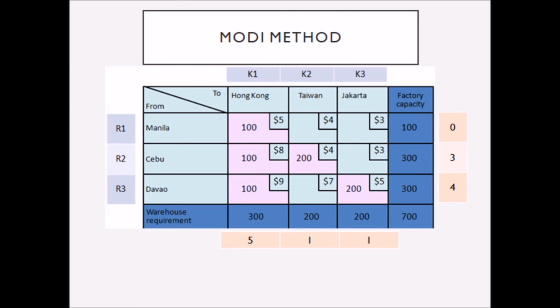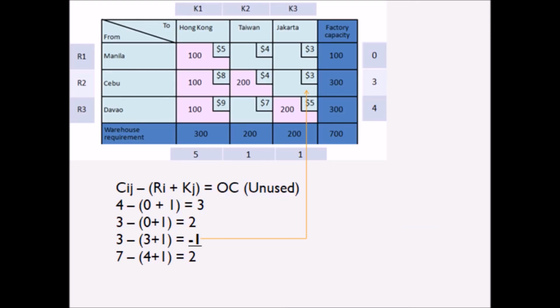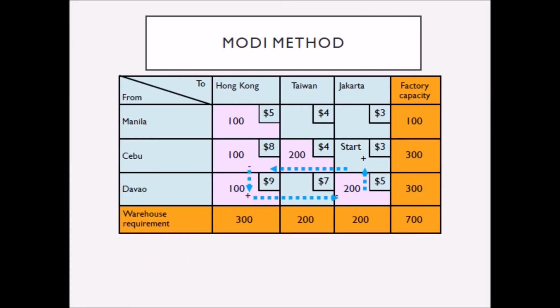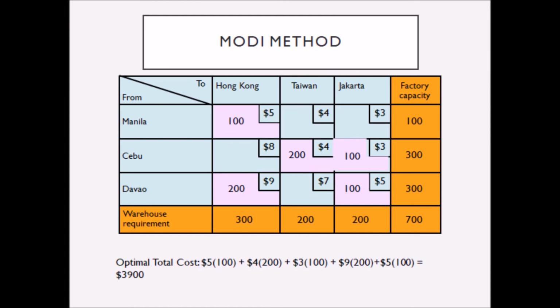In this case, we still have a negative opportunity cost on the Cebu to Jakarta cell. We proceed to do the process again by forming a closed path on that portion using the used cells, finally getting our optimal solution with an optimal total cost of $3,900.